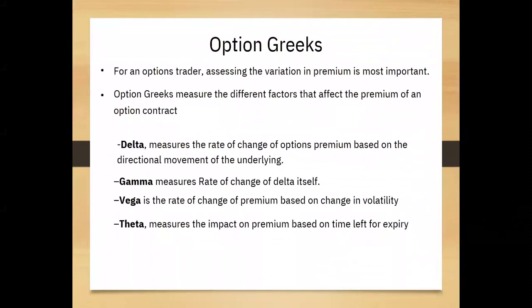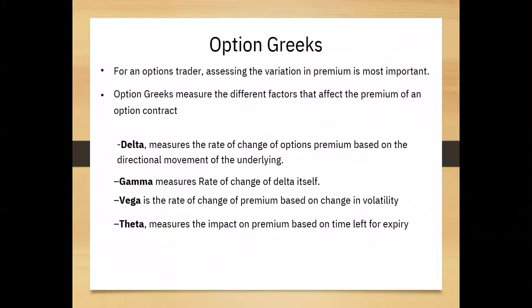Then the Greeks. For an option trader, assessing the variation in premium is most important. First is delta, gamma, vega, theta. Delta measures the change of the option premium based on the directional movement of the underlying. Gamma is the rate of change in delta. Vega is the change of premium based on the change in volatility.